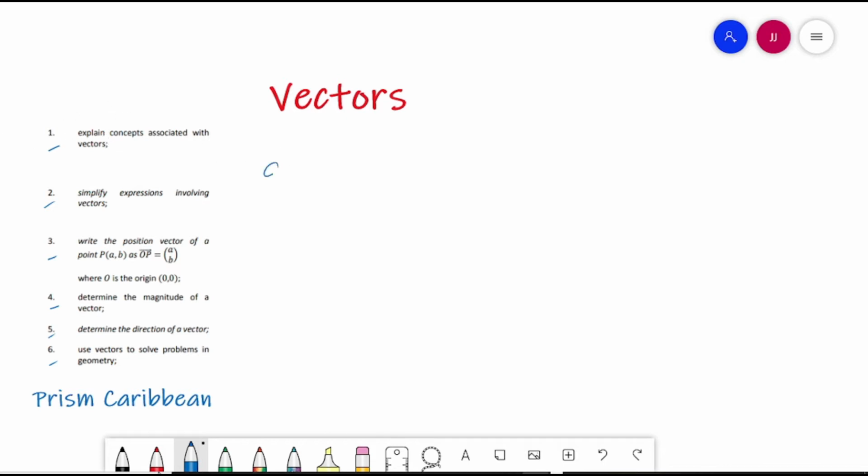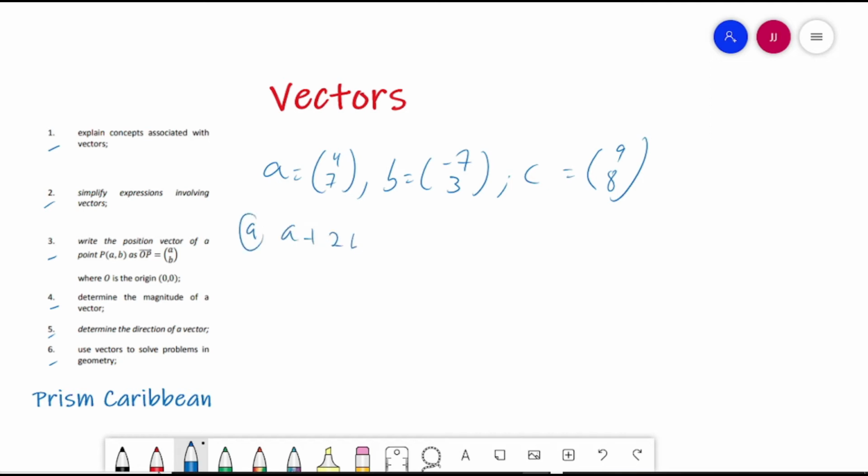So let's say we're given a vector A equal to (4, 7), B equal to (-7, 3), and C equal to (9, 8). The first question asks for A + 2B + 3C. So let's get down into it.